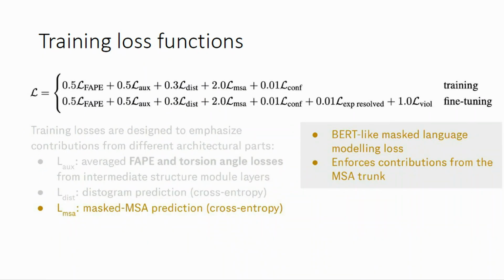This is how AlphaFold 2 enforces the contribution from the MSA track, because otherwise the model could just directly memorize the distances without even looking at the evolutionary information, which may limit its generalization. For example, for a new protein in a totally different sequence space, where you have some evolutionary information, you want to enforce the model to look at this information.